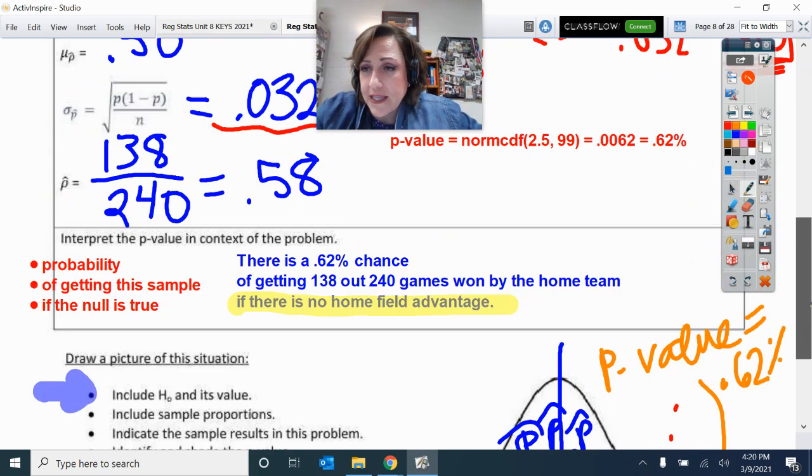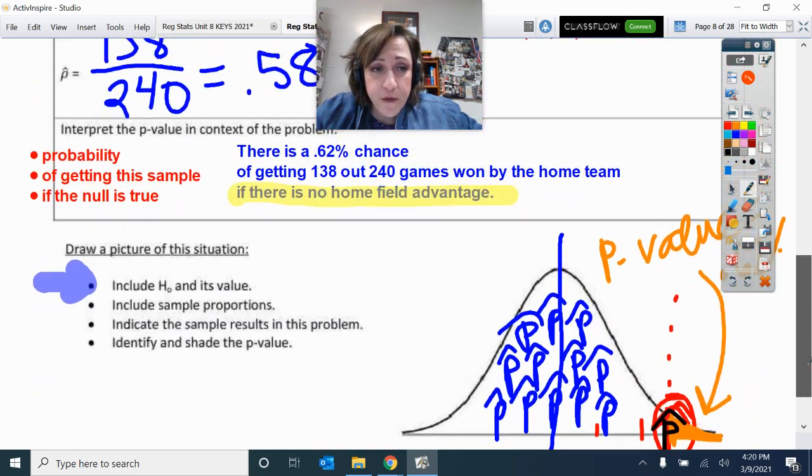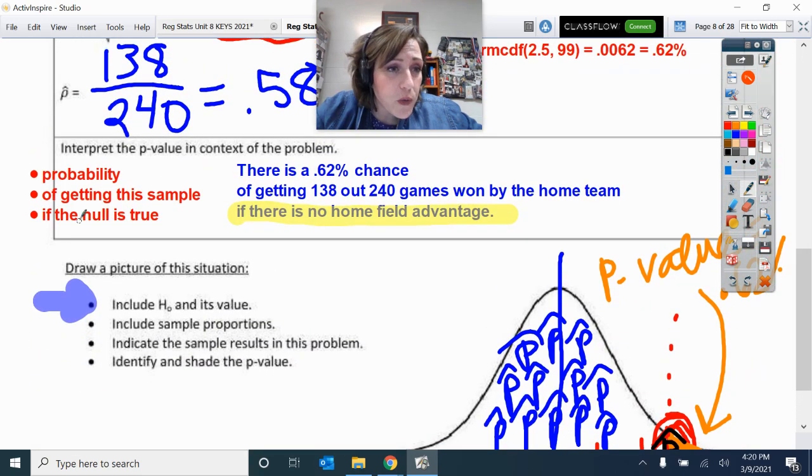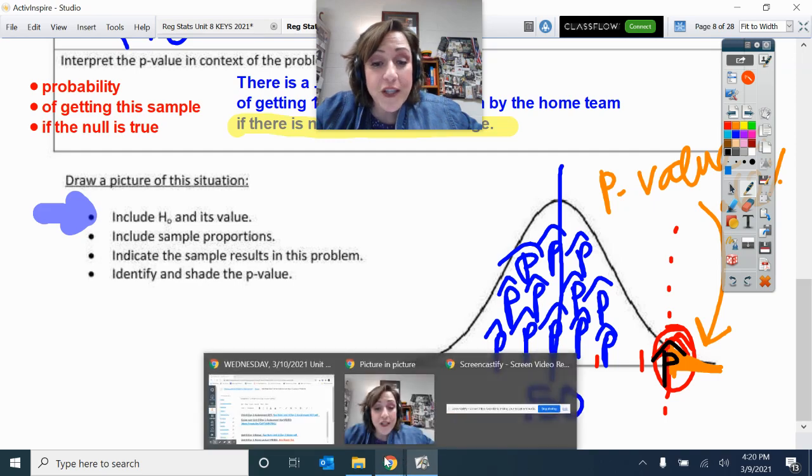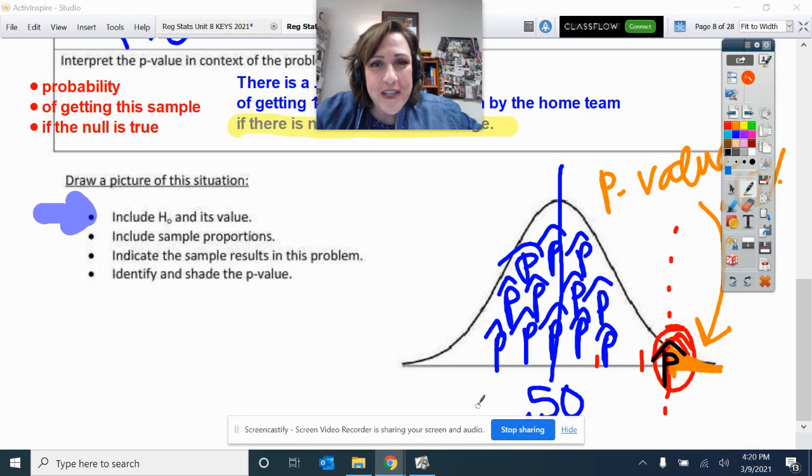I hope you take a little bit of time to digest these three ideas, the three things we must include in our definition of a p-value. All right, good luck to you on your practice of writing your p-value definitions.